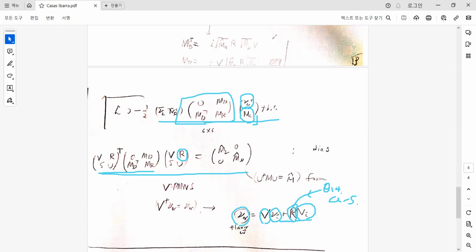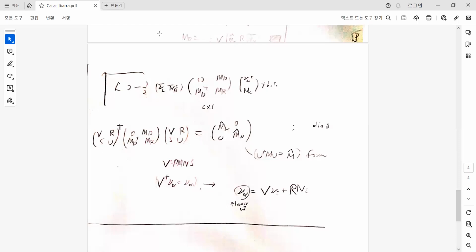The Casas-Ibarra parametrization is used to talk about leptogenesis. There are heavy neutrinos that decay into leptons and the Higgs scalar, and such decays are determined by the Yukawa matrix. The important quantity, the CP asymmetry epsilon, is related to the imaginary parts of the Yukawa matrix.